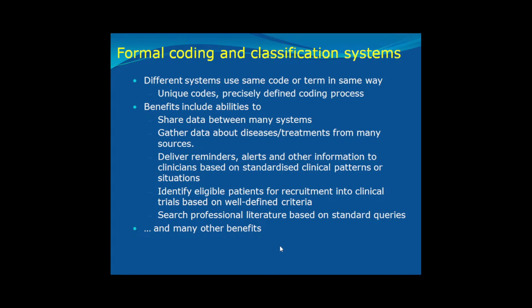Benefits include the ability to share data between many systems, gather data about diseases and treatments from many sources, deliver reminders, alerts, and other information to clinicians based on standardized clinical patterns or situations, identify eligible patients for recruitment into clinical trials based on well-defined criteria, search professional literature based on standard queries, and many other benefits.